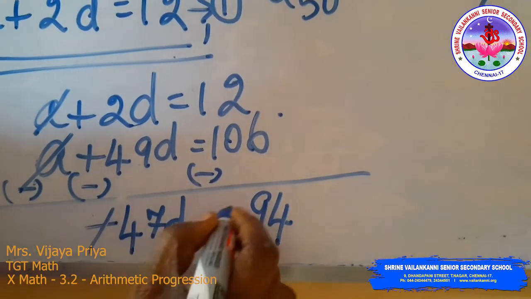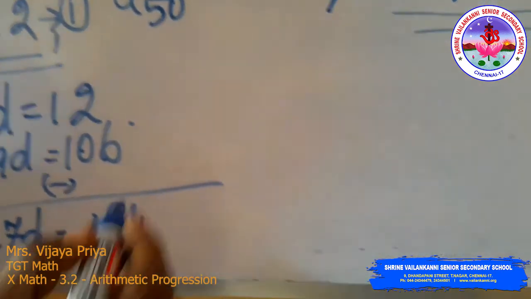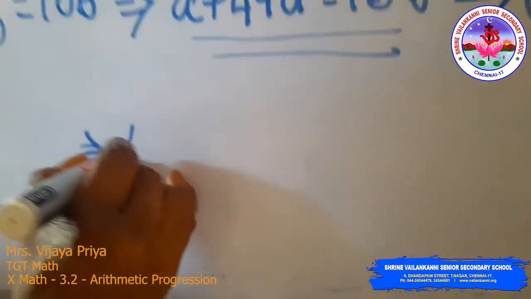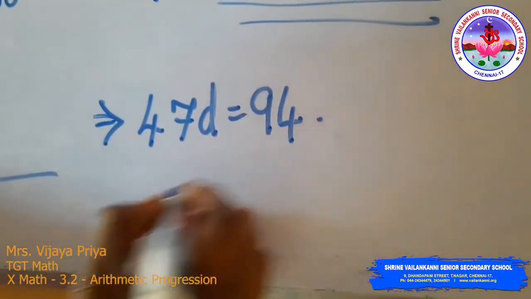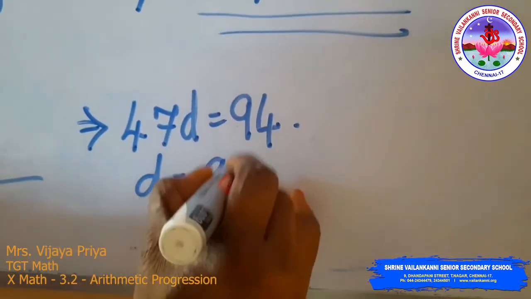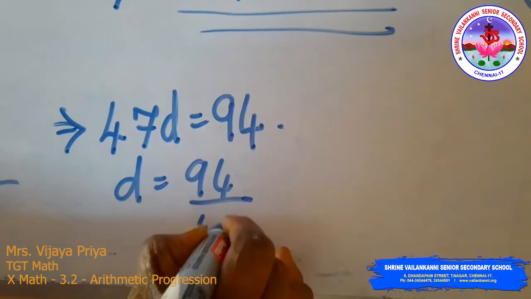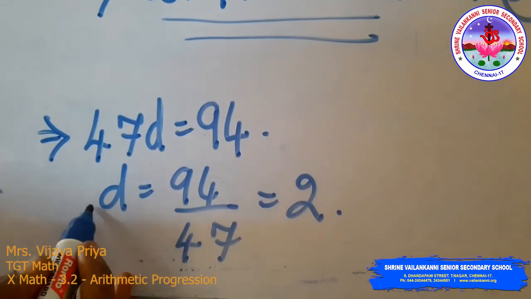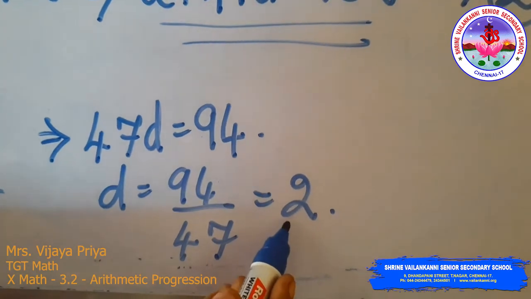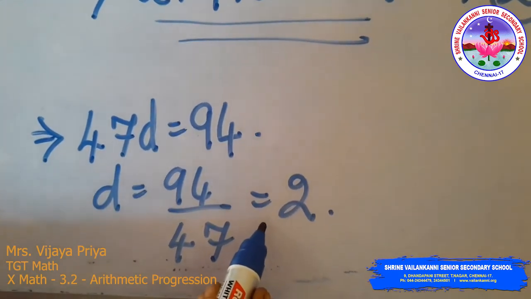So minus and minus cancel on both sides. You will get 47D is equal to 94, where D is equal to 94 divided by 47, which is equal to 2. So I got the common difference as 2. Now I want to find my A value.